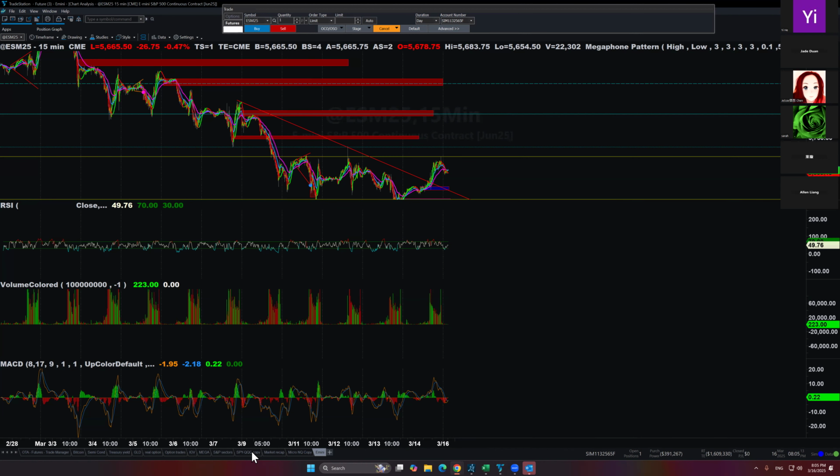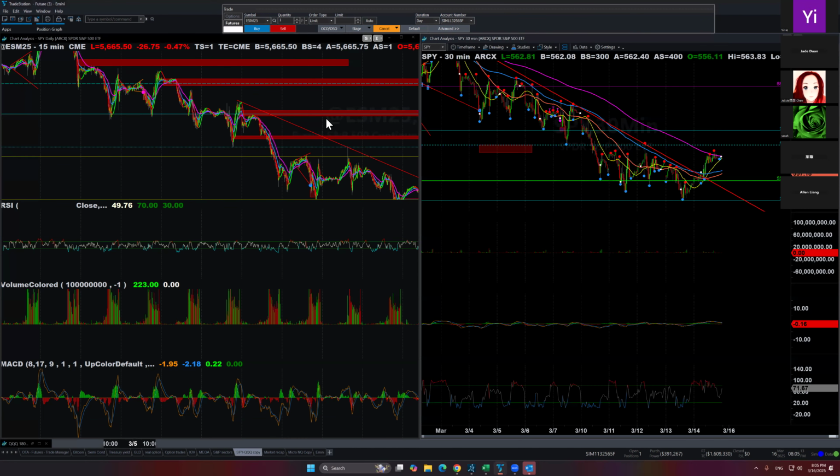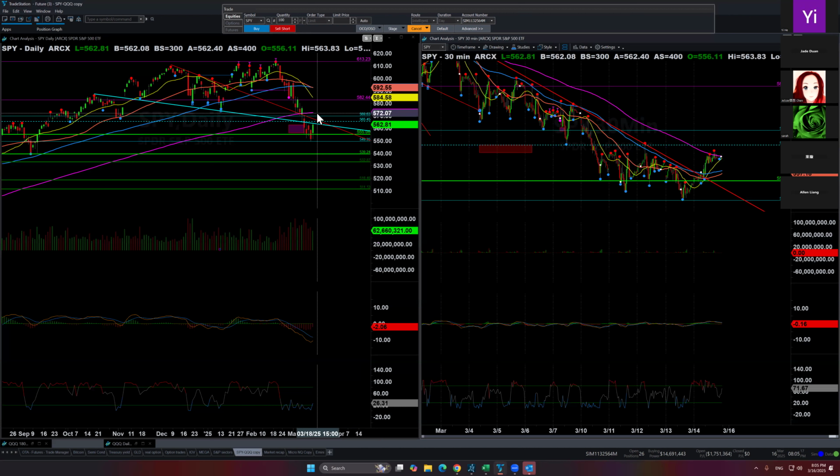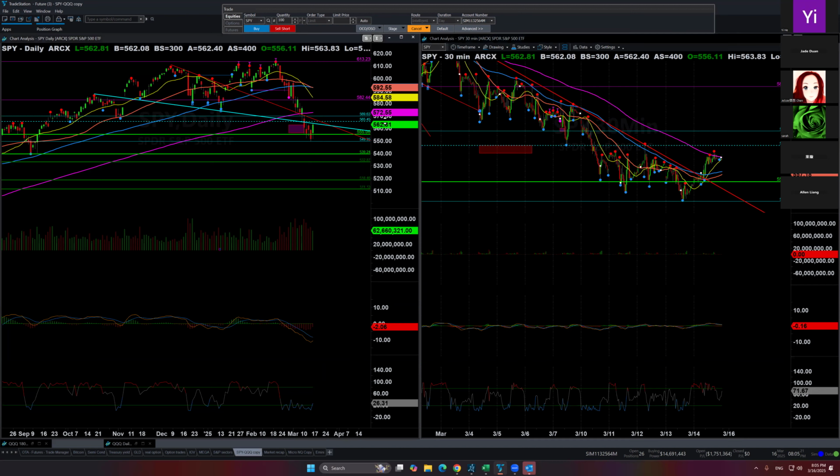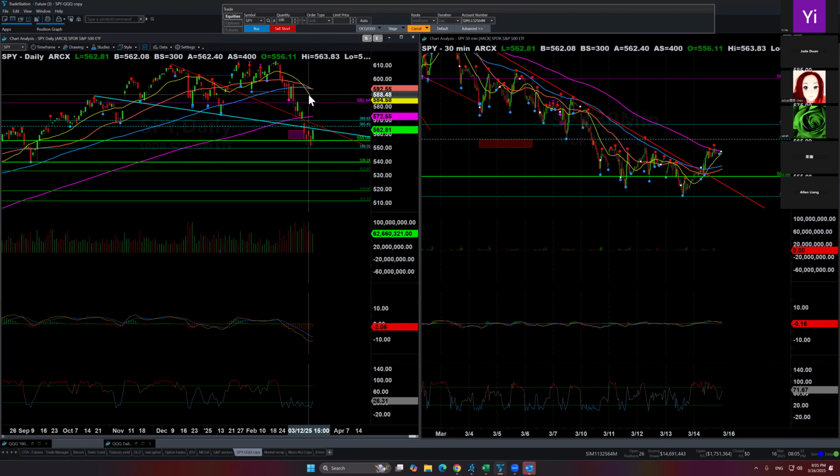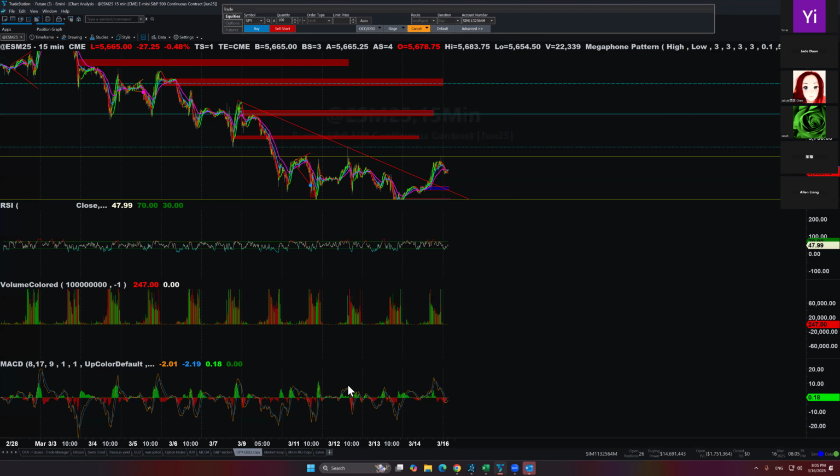So did I put the moving average wrong? So this is okay, this 200 is 572. What is the yellow one? Yellow one's 20, right? Yeah, yellow one's 20. So you never see me using moving averages. I even put this on just to see what gives more confluences.